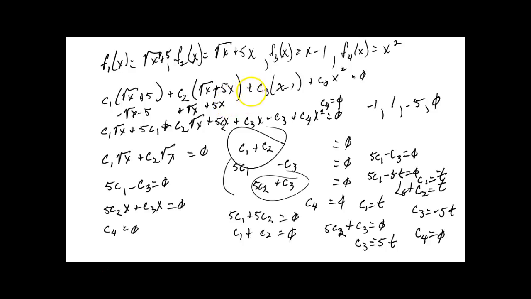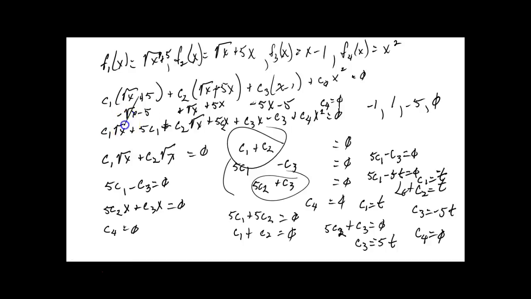And C3 would be minus 5t minus 5. So that would be minus 5x minus 5. Okay. Let's see what we get.